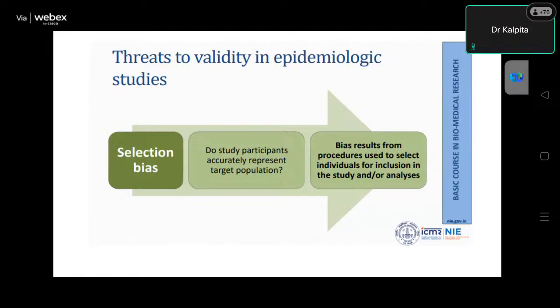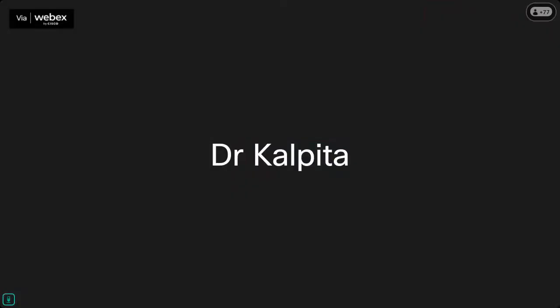When we talk about selection bias in epidemiological studies, it could be due to surveillance. If you have a surveillance system in place, only the exposed cases are going to come to us. If we have screening and diagnosis among the exposed, obviously we'll have a major chunk only of those exposed, and that will affect our outcome. If we are taking participants only from the healthcare facilities, again there will be a selection bias.